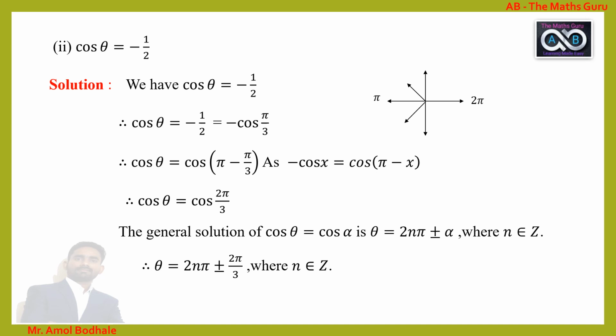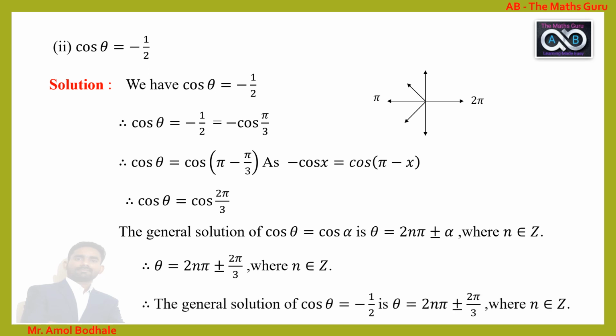So we get theta equal to 2n pi plus or minus 2 pi by 3, where n belongs to Z. So therefore the general solution of cos theta equal to minus 1 by 2 is theta equal to 2n pi plus or minus 2 pi upon 3, where n belongs to Z.